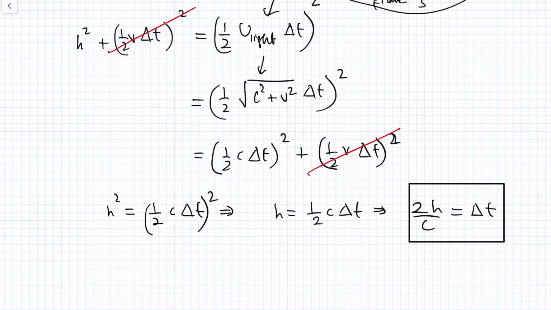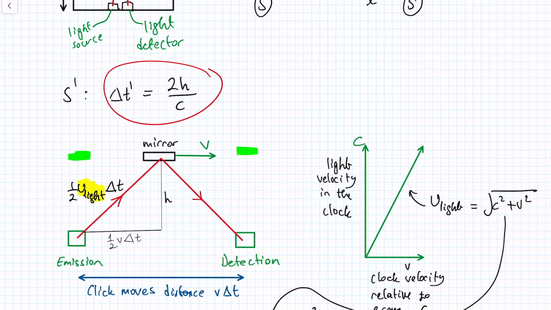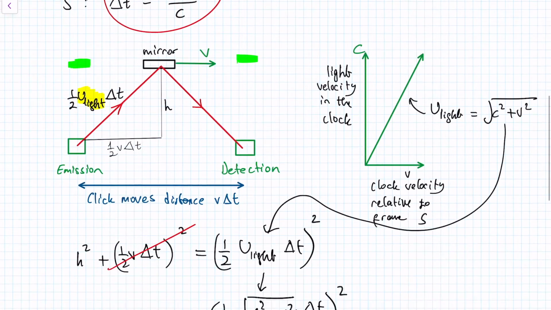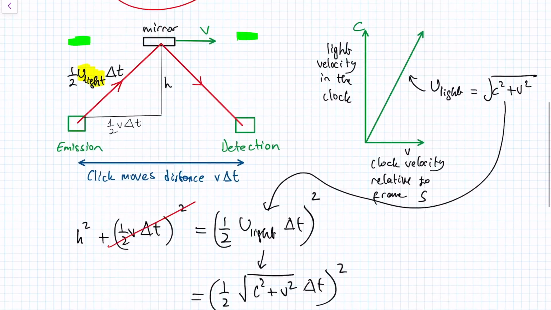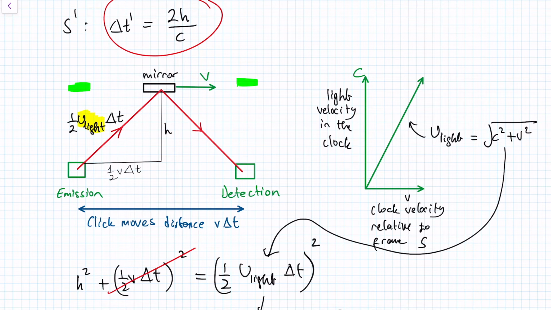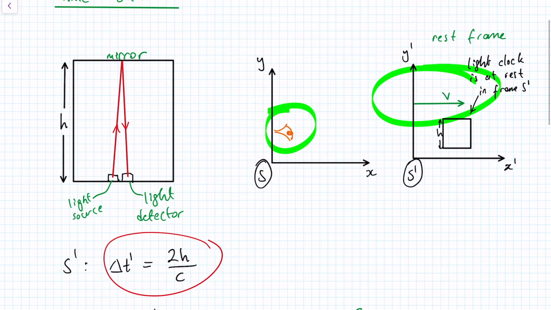Now let's compare this with delta t dashed. What was delta t dashed here? Delta t dashed is 2h over c as well. As you can see, the classical analysis tells us the time observed by the observer in the S dashed frame is the same as the time observed by the observer in the S frame.